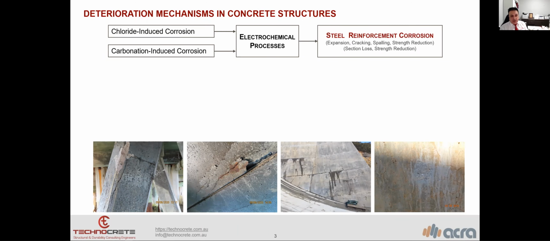The outcome is the expansion of the reinforcement, cracking, spalling of the concrete, strength reduction, and section loss. I mean, this is for both steel and concrete. It starts with the steel reinforcement corrosion and reduction of the diameter, and then the concrete suffers as a consequence of spalling.